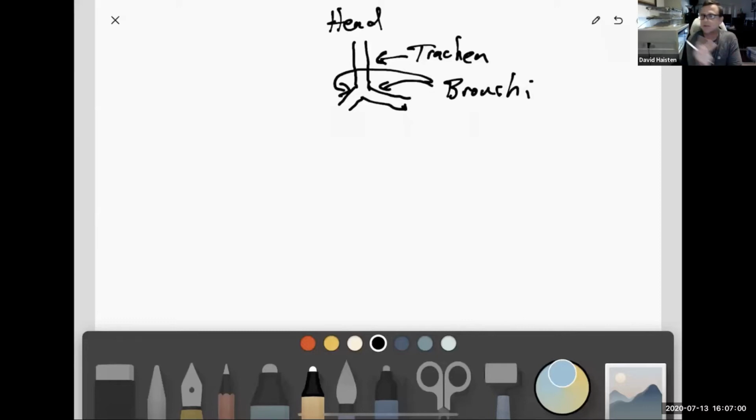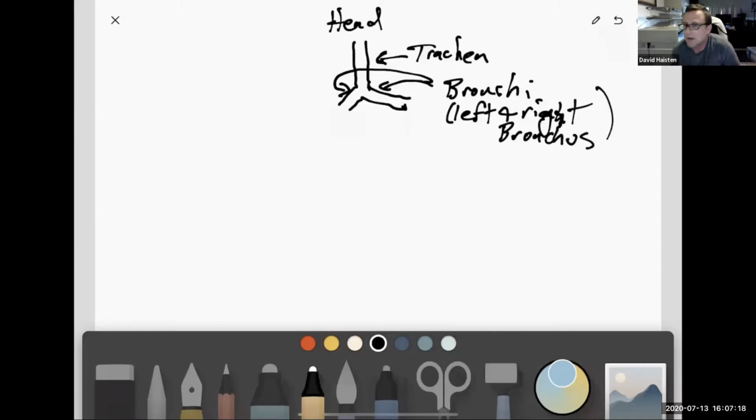There's an initial split, it's like a Y. Left and right bronchus.